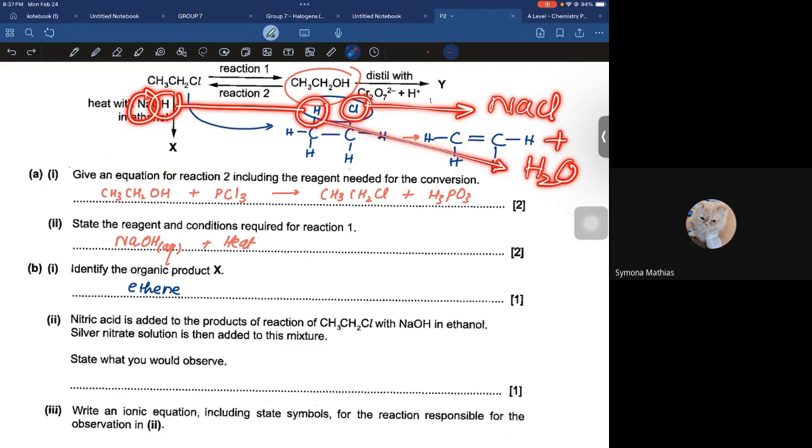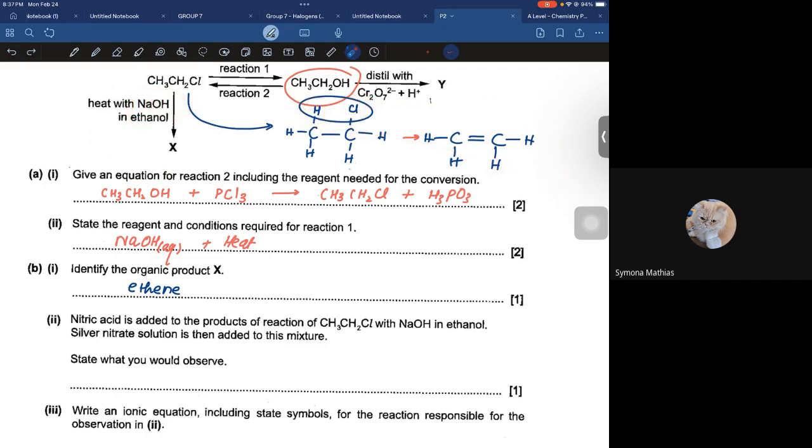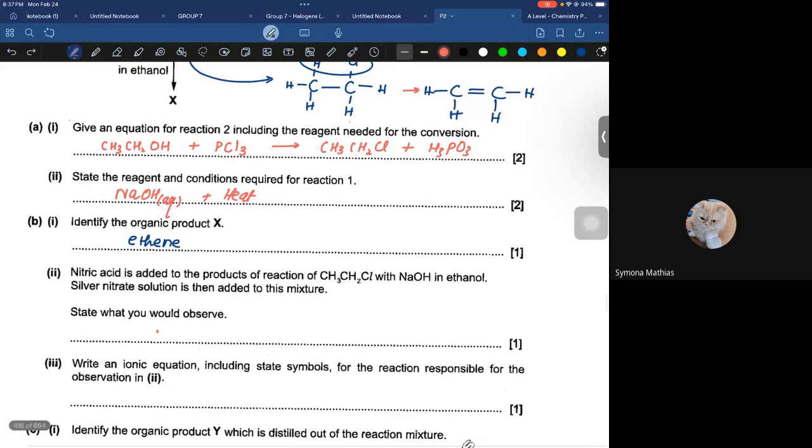So they are saying that nitric acid is added to the products of this reaction, so you are going to add nitric acid and then silver nitrate. Of course it would react with this chloride, and what would it give you? White precipitate, due to the formation of silver chloride.